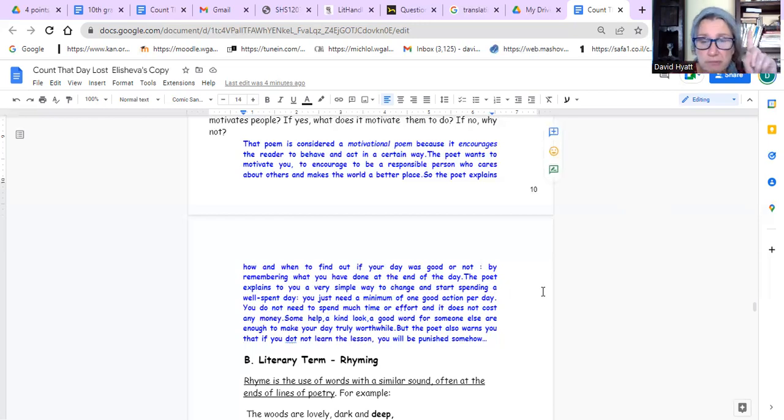רק צריך מינימום של מעשה טוב, הקרבה עצמית לזולת ליום. והאם זה דורש הרבה מאמץ, זמן? לא. You do not need to spend much time or effort. האם זה עולה הרבה כסף?